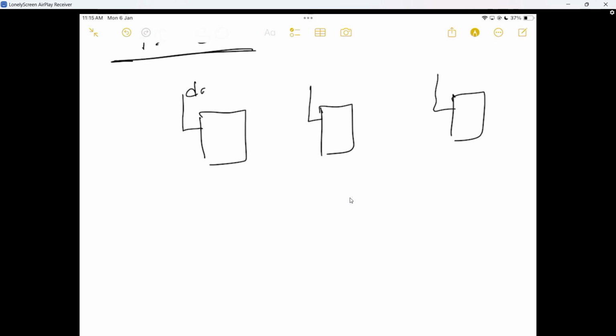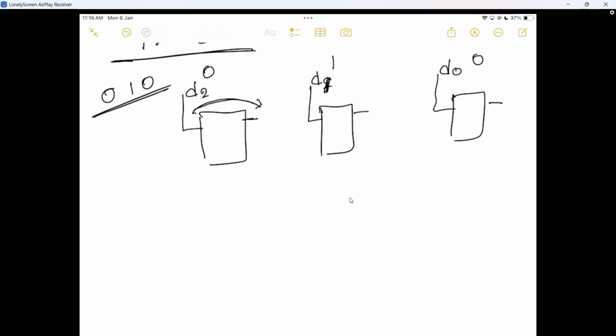You put the data in parallel. Say our bits were 0 1 0. So you put 0 here, 1 here, and 0 here. So only one clock cycle is required to store the data.